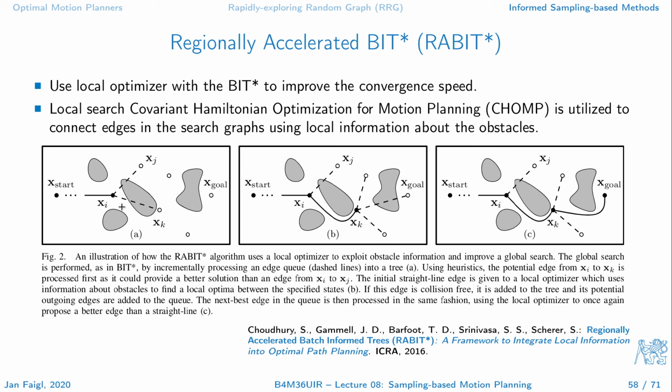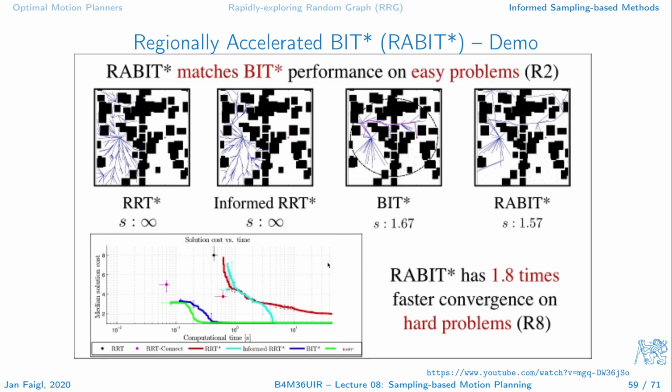However, if we use a local optimal planner that considers the shape of the obstacle, we can immediately find a path around the obstacles, and we can speed that up. So this is the idea, and take a look at some results.